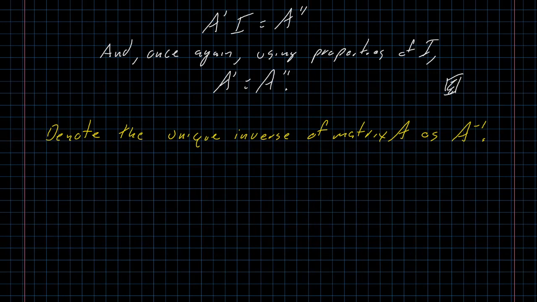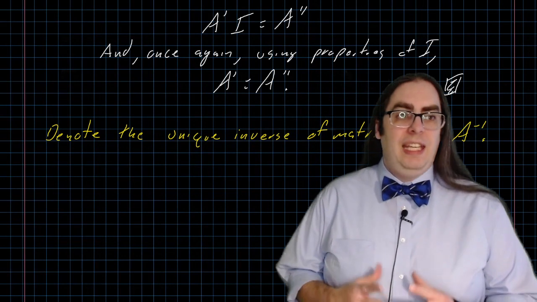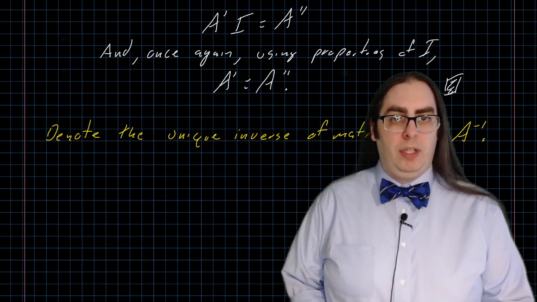If you take A inverse and you multiply it times A, you get the identity matrix. If you take the identity matrix and multiply it times matrix A, you get matrix A. If you multiply again, you get A squared and A cubed and A to the fourth. So in a sense, the inverse of a matrix falls nicely into the properties of exponents.